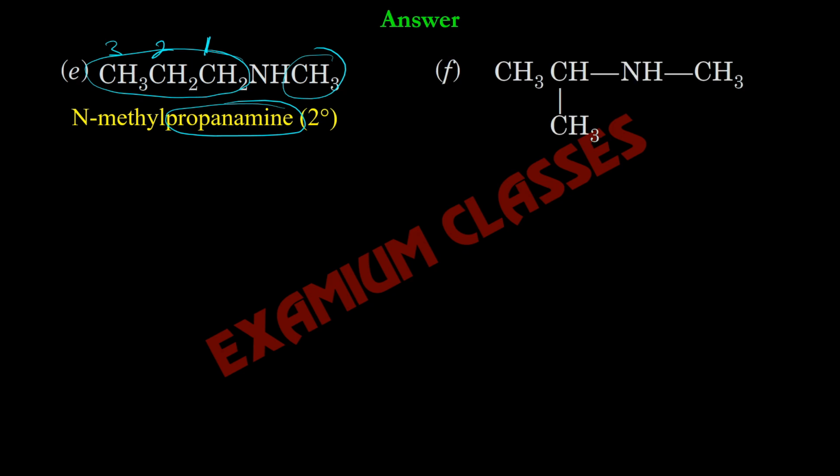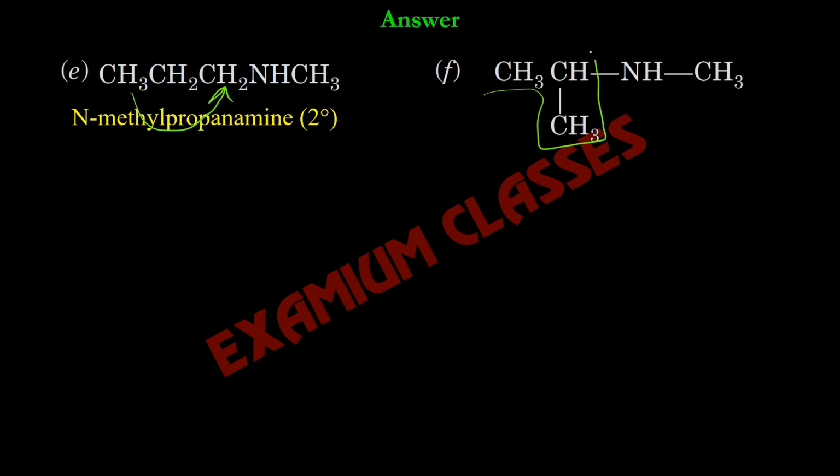Okay? The next possibility, keeping the NH group intact. So NH group is intact. What you have done? You have moved the CH3 group here. Just to make it clear, what you have done now, you have moved this CH2 group here, just to match the given structure here. Now again, what is the longest chain? The longest chain is this one.